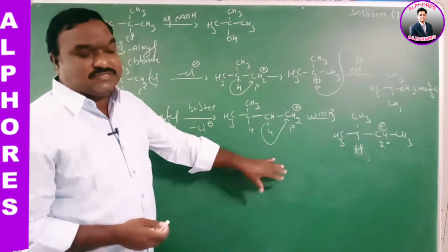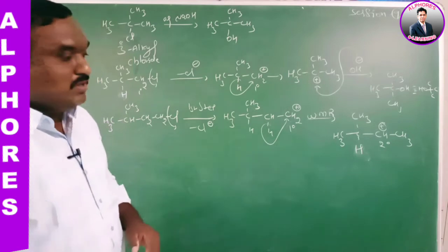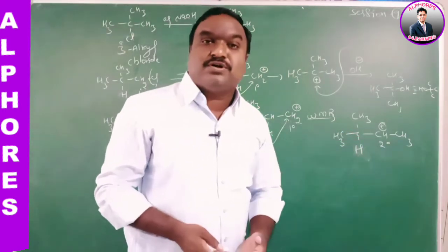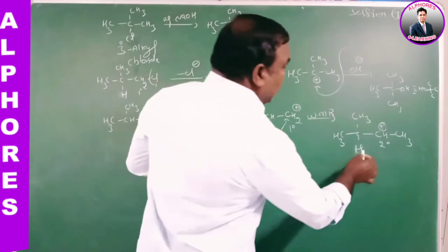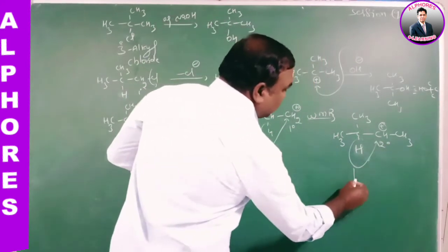One more step is possible in this case. Reason: a tertiary carbocation is more stable when compared to a secondary one. Now a hydride migrates from the tertiary carbon to the secondary carbon.